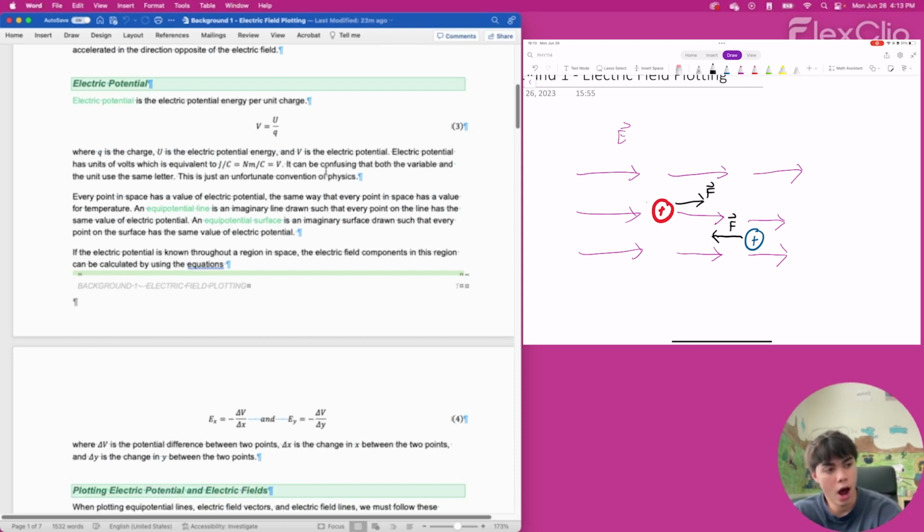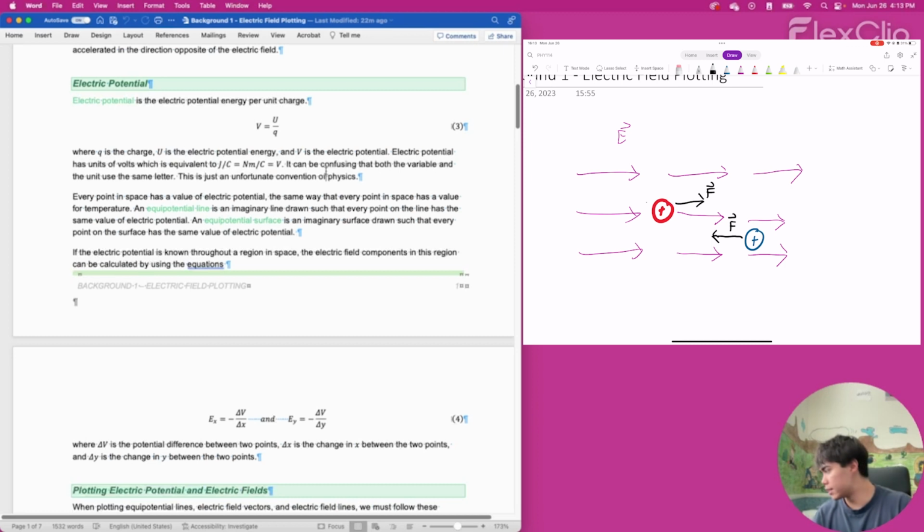Let's say the temperature, or electric potential, was the same on my entire Apple Pencil. Then it would be an equipotential line, right? If this was just a line, then it would be an equipotential line.